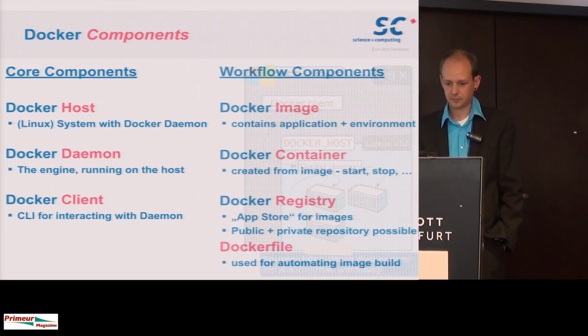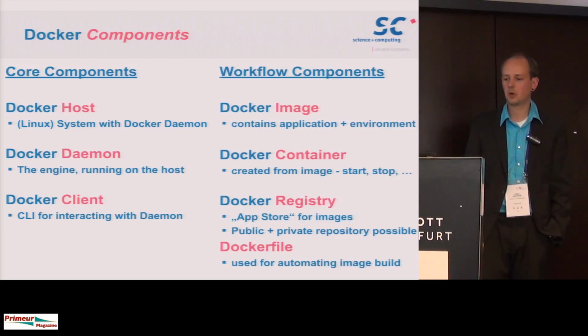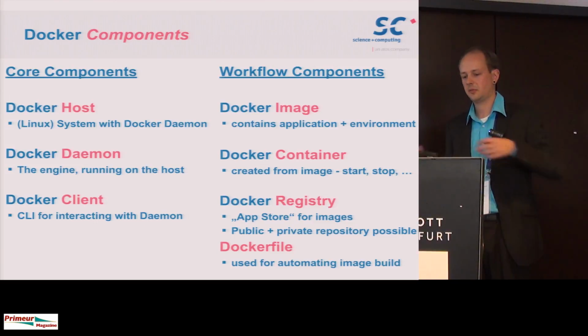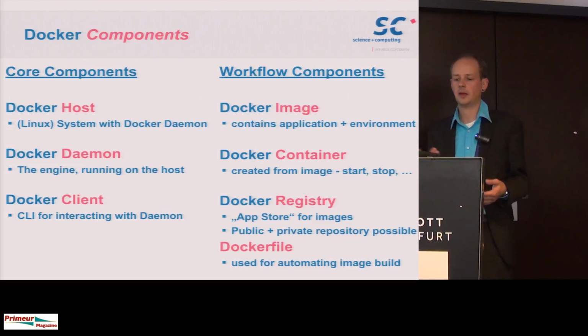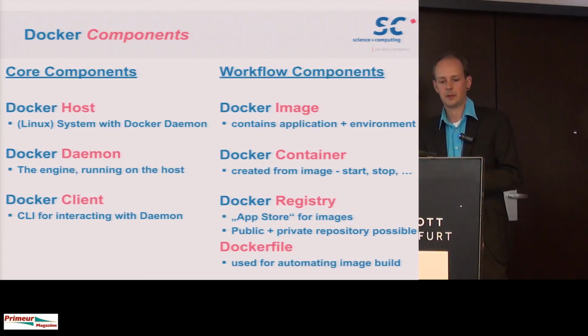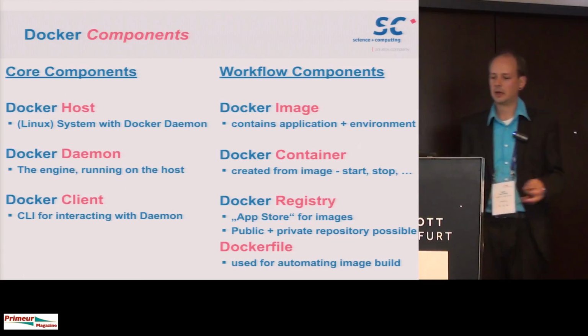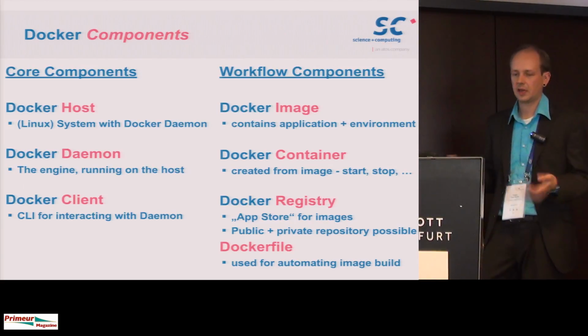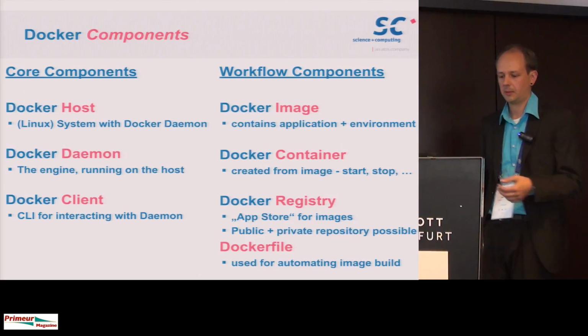So for the workflow components, most important here are the Docker images. These are the entities containing the application you want to ship and all the required environmental components like libraries, for example. The Docker container is a running instance created from one of these images, and it's the entity you start or stop, for example.